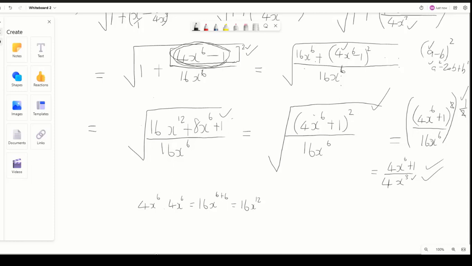Now the middle term for a minus b, I say it's 2 times a times minus b, which is minus 2ab. So I'm doing the middle term for that one too. So the middle term for that one will be 2 times 4x to the 6 times minus 1, which I get as minus 8x to the 6. And then I say minus 1 times minus 1 is 1. Okay? Minus 1 squared is equal to 1.